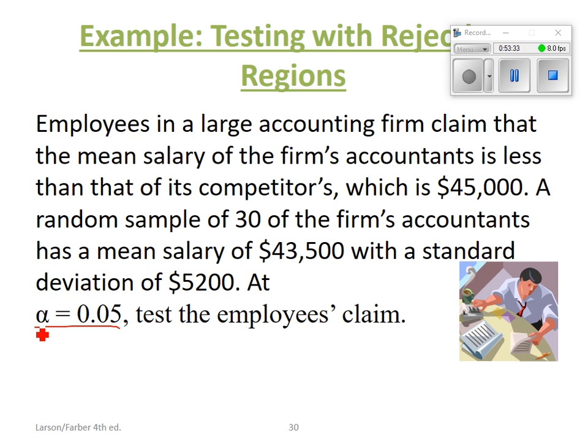That means the other one is greater than or equal to 45,000. So that's our H0, that's our HA. We know which one's the claim. That's the main start. When we take a test over this stuff, that right there will be worth like 3 points. Then the problem will go on. Our alpha is 0.05, and our standard deviation is 5,200.